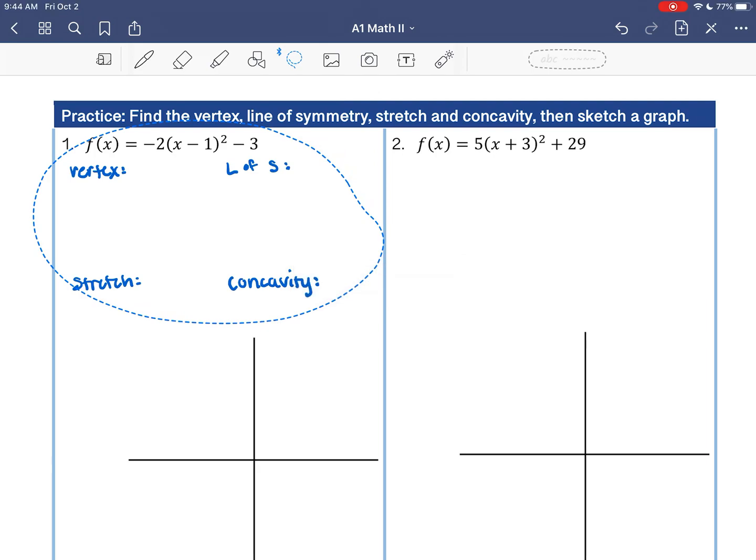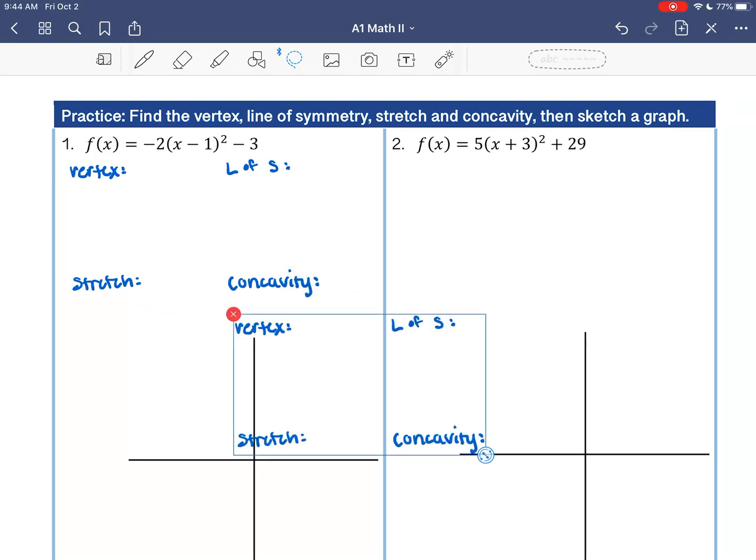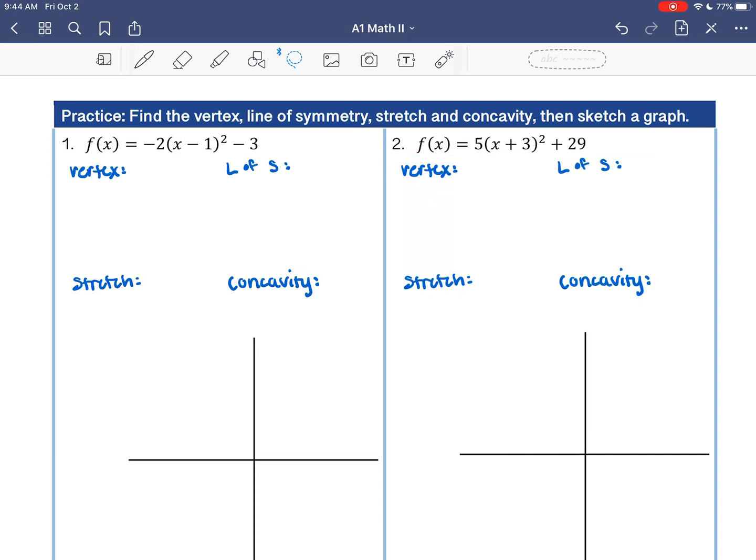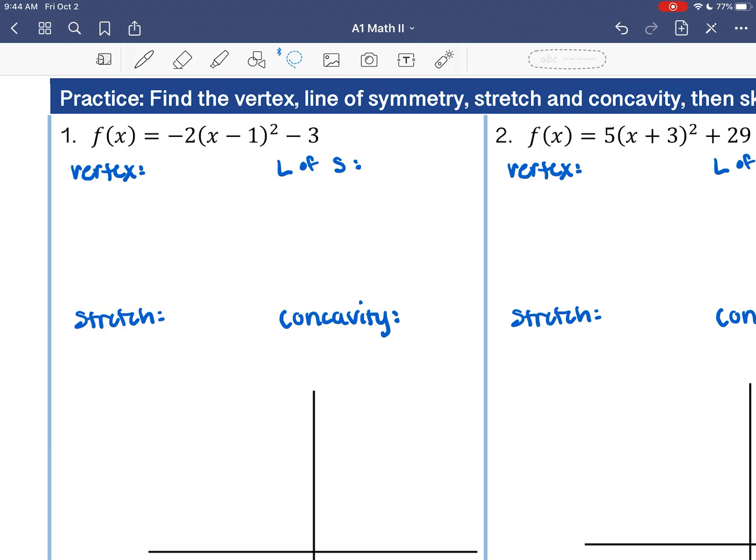And I want to emphasize here that the graph that we're going to make is a sketch. And when I say sketch, I mean sketch. We are not graphing it specifically because we don't really know how to do that yet. We're just getting an idea, like we did on that first problem today, of where the function is. And actually we'll have a really good idea of where the function is and a lot of information just because of the vertex, the line of symmetry, the stretch, and the concavity.